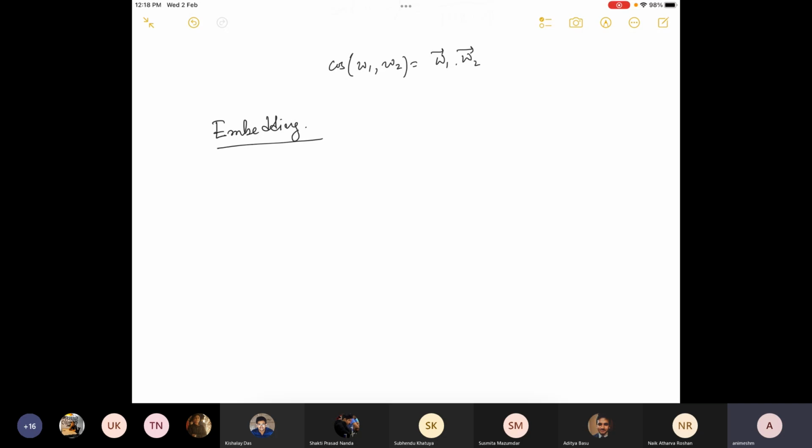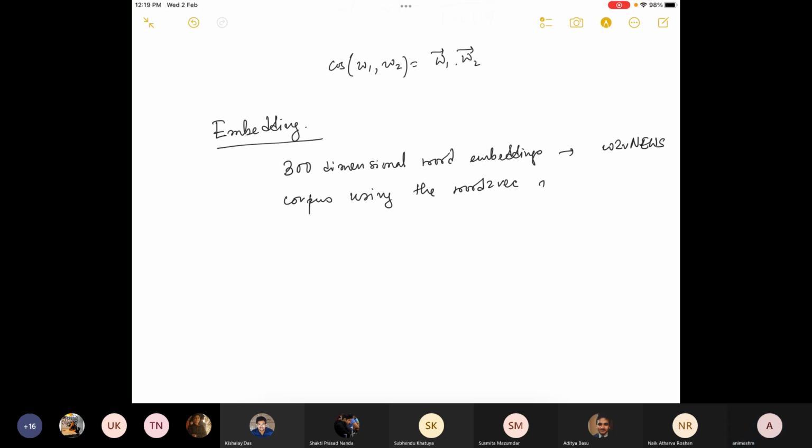So the authors in this paper used the 300 dimensional word embeddings generated from the W2V news corpus using the word2vec model.